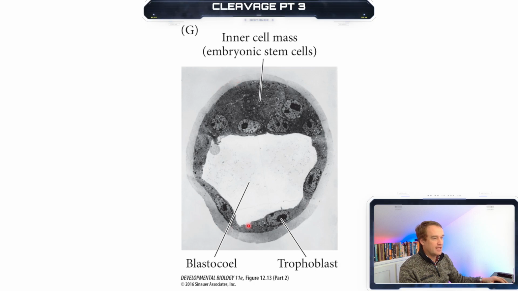And this trophoblast along here, there are no embryonic structures here. This stuff becomes the placenta and umbilical cord and extraembryonic membranes and things of that nature. So the inner cell mass becomes the embryonic cells, and this other stuff becomes the placenta and things like that.